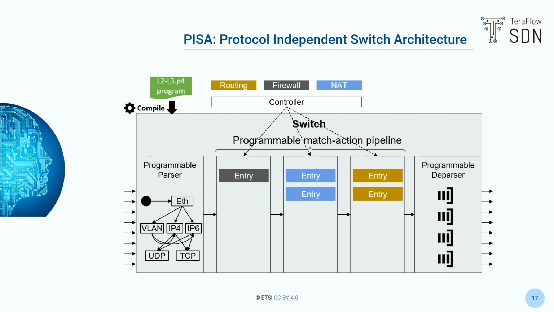So through this controller, we will be able to create different tables in the pipeline. Each table could be used by a different application of the controller for its own purposes. So we can have, let's say, the gray table, which corresponds to firewall entries. This is the first logic we would like to insert in the pipeline. Then we do some NATing on the connections. And finally, we can do routing, let's say, to send the connection to some other entity in the network.